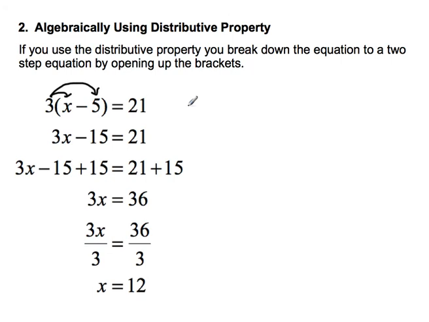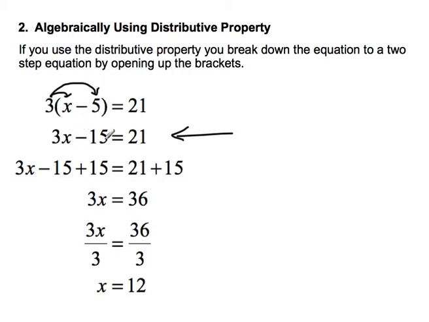The other way algebraically is by using the distributive property like I just said. So we're going to open up those brackets. So 3 times x is 3x, 3 times 5 is 15, and that's equal to 21. Now this looks like what we just did in step 2 type of equations, because now we need 2 steps to get to the answer. So just opening up the brackets is one step.